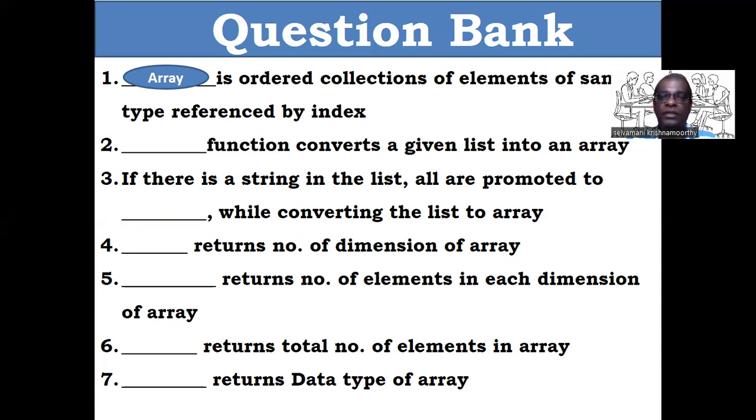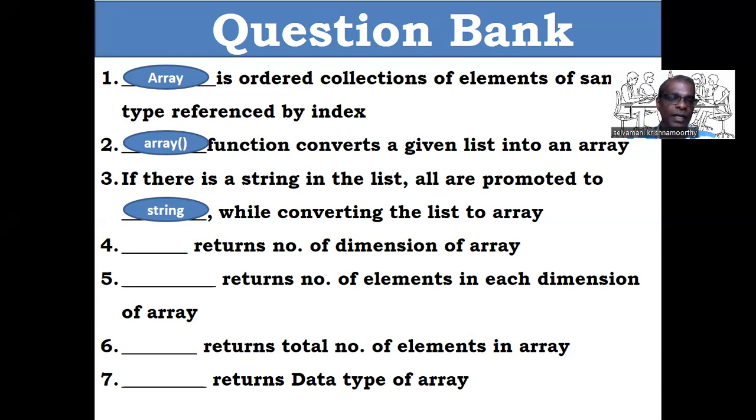Dash function converts a given list into an array. What function converts a list into an array? Very good, array function. If there is only one element as string in the list, then all are promoted to dash while converting the list into an array. Even though a single element in the list is a string, all are promoted to string.